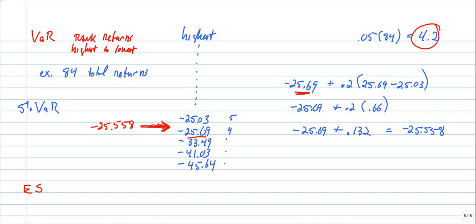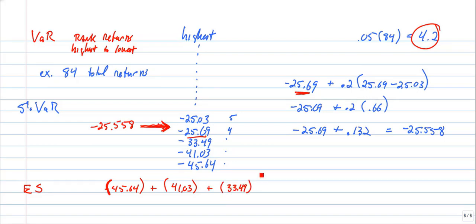So let's take the worst value, which was negative 45.64, plus a negative 41.03. Basically, we're going to average it. We're going to find the average of those last 4.2 positions.